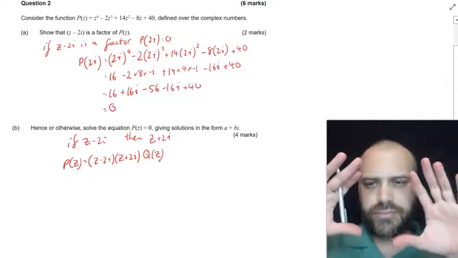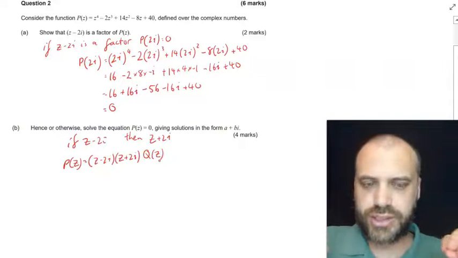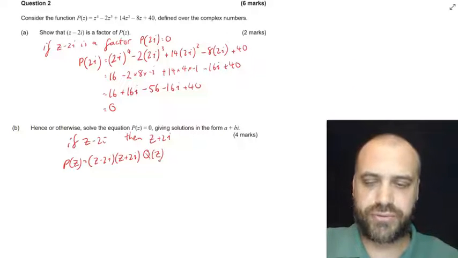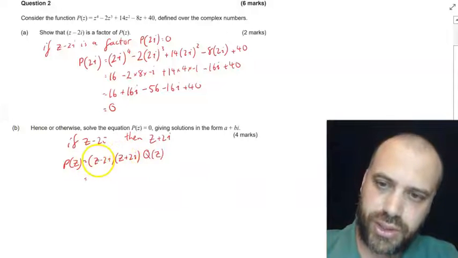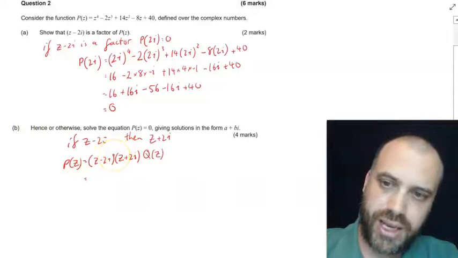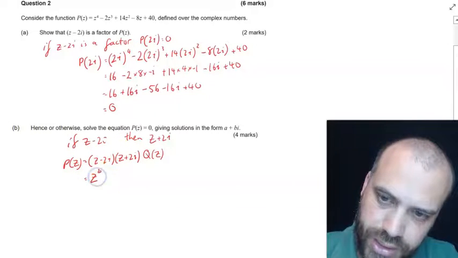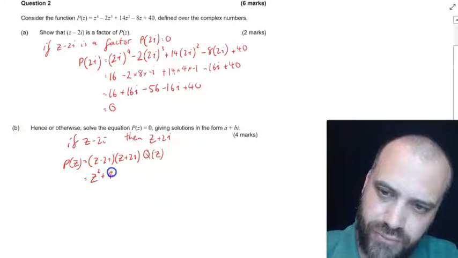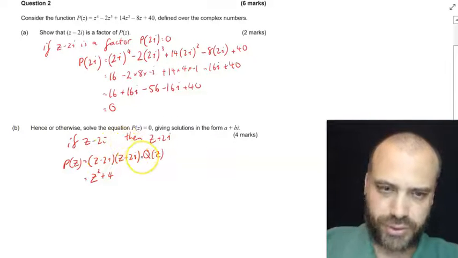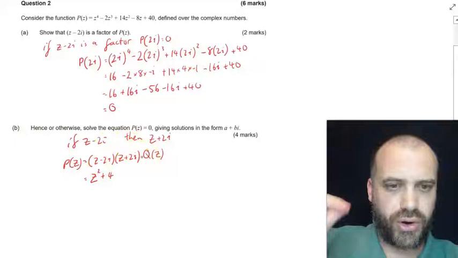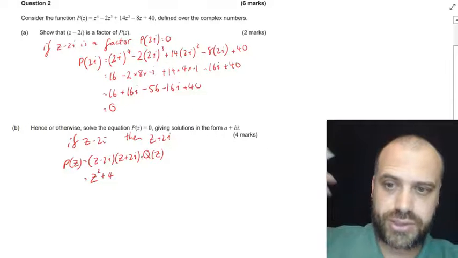I'm going to show you two ways to do this, but everything so far has been the same. z minus 2i, z plus 2i, I can expand that now and get z squared plus 4. At least I hope that's right. Negative 2i times positive 2i is negative 4i squared. i squared is negative 1, so positive 4.